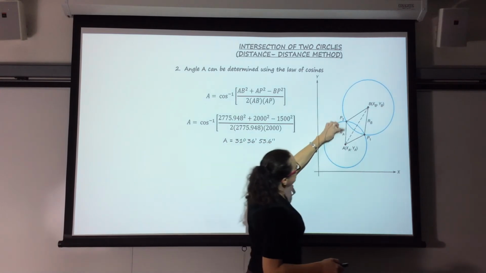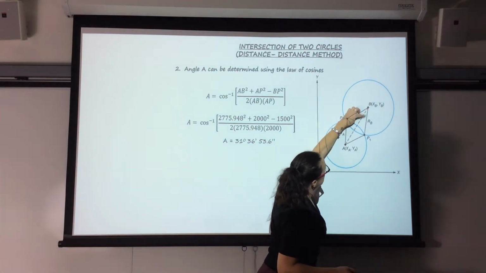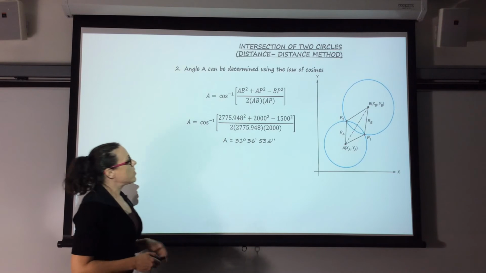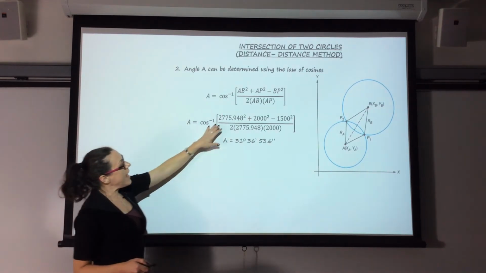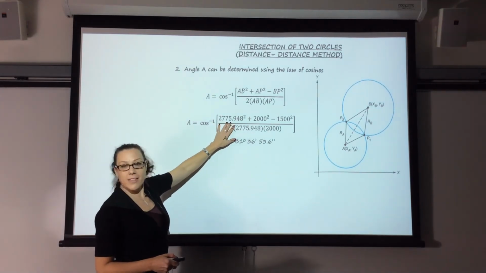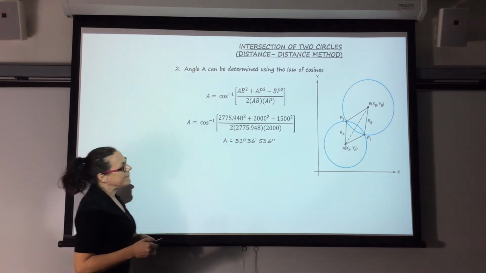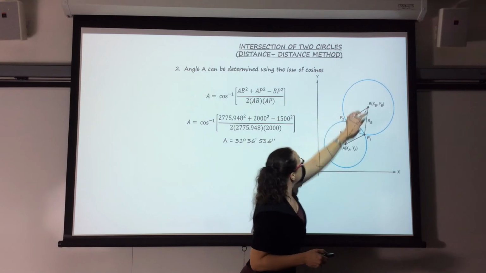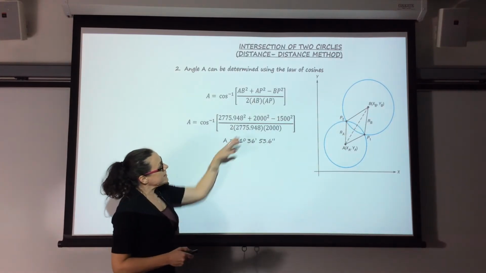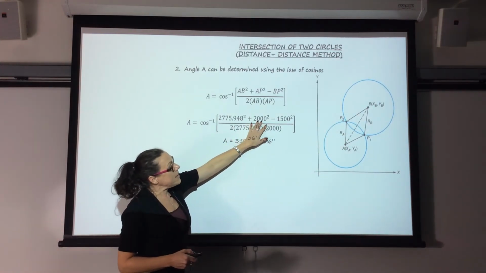We know the distance here, so we can solve for the interior angle. So we've got AB, and there we go. There's our length of AB, my bad. So it's 2,775.948. That's the distance from this point to this point. We have the distance from AP.